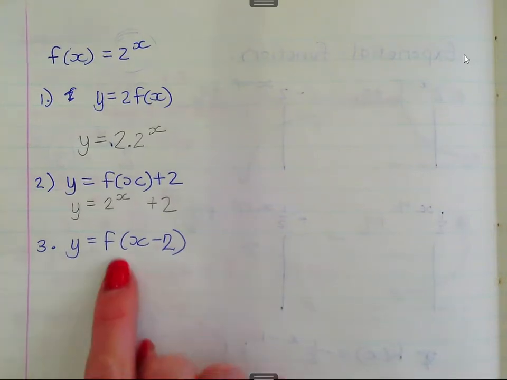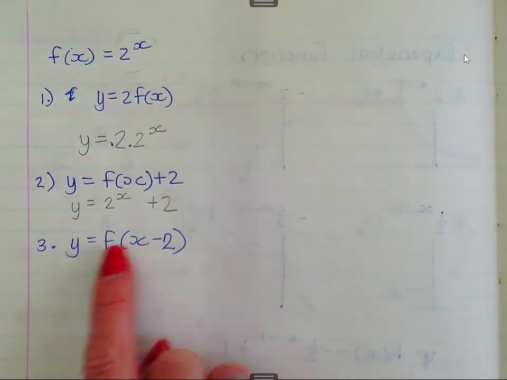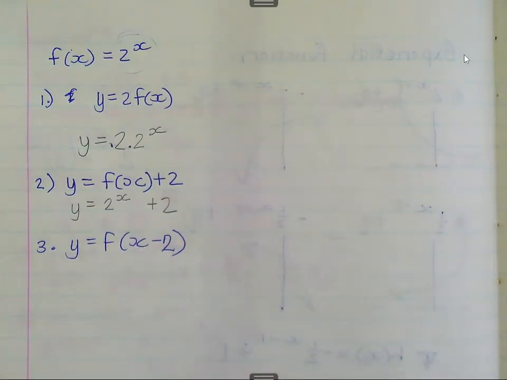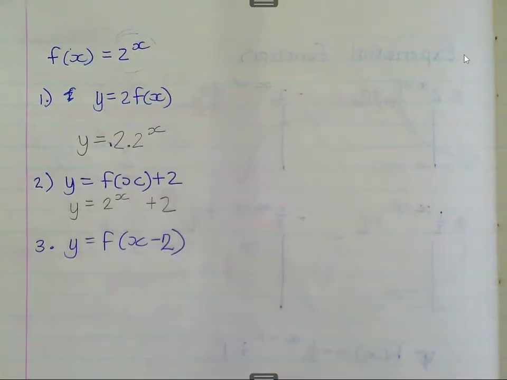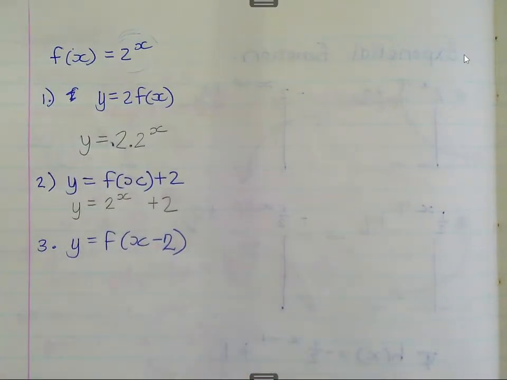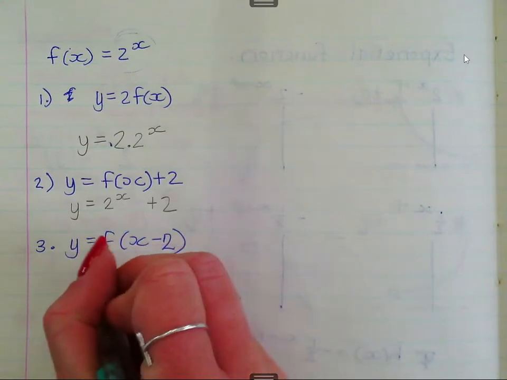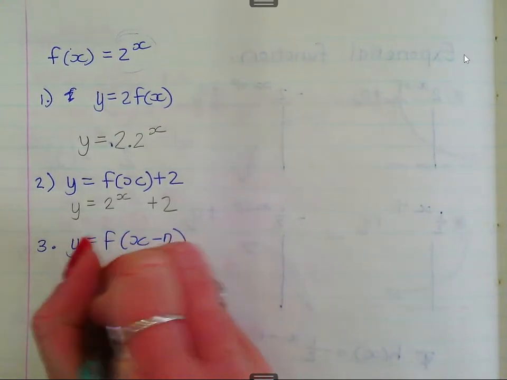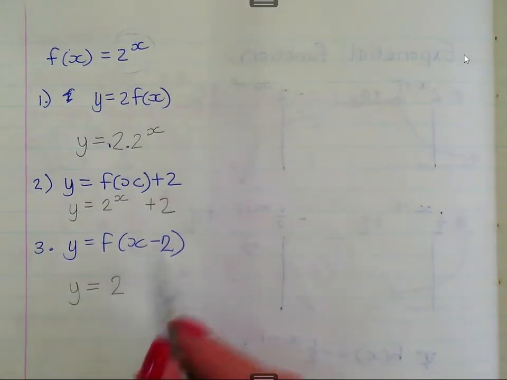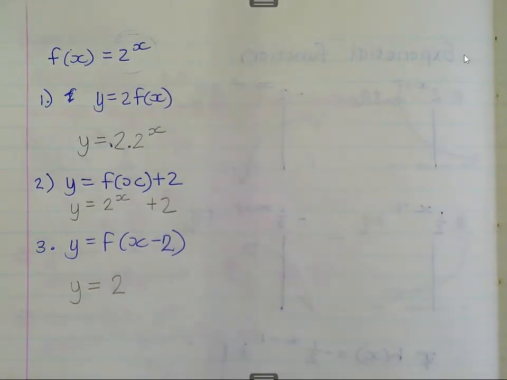Now this one, they are not saying f of x, close the bracket, minus 2. So the 2 must not be subtracted from the whole function. That bracket belongs to x. So that means the 2 must only be subtracted from x. Okay. So you're going to write down the function y equal to 2 to the power of, but instead of x, you write whatever is inside of the bracket.